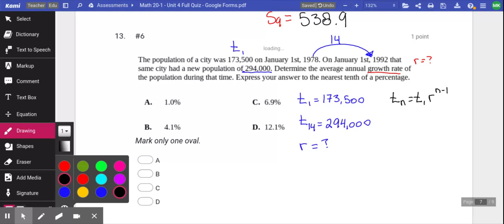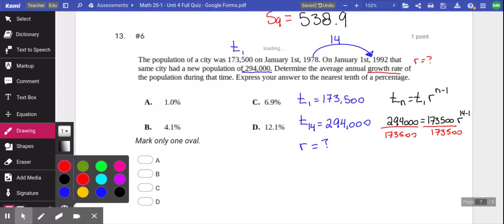That means I have T of 14 is 294,000 equals 173,500 times R, which we don't know, to the power of n, which is 14 minus 1. To solve this is a little tricky. So you have to divide both sides by 173,500.